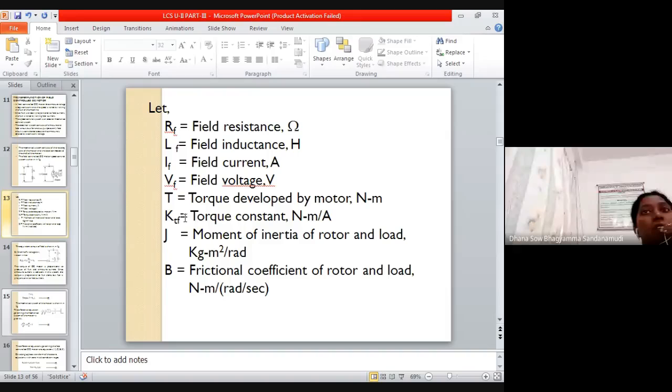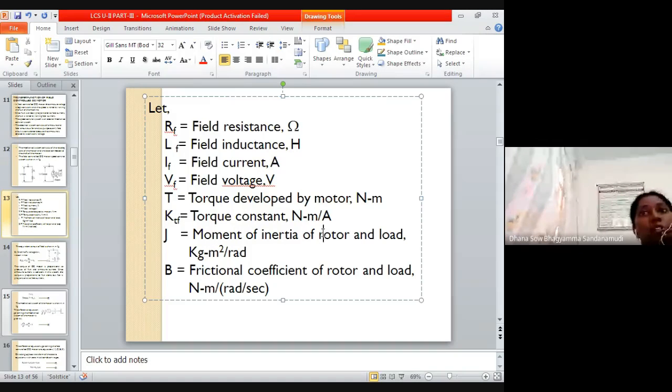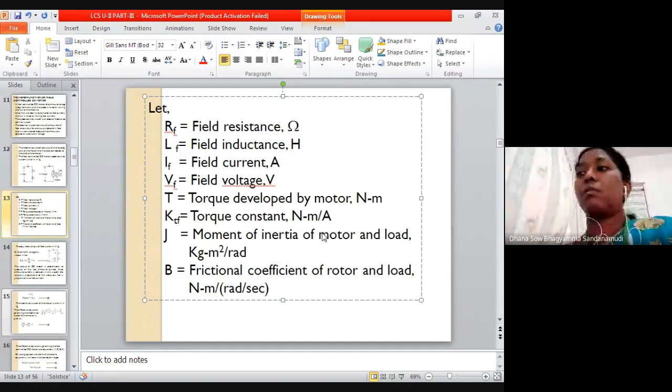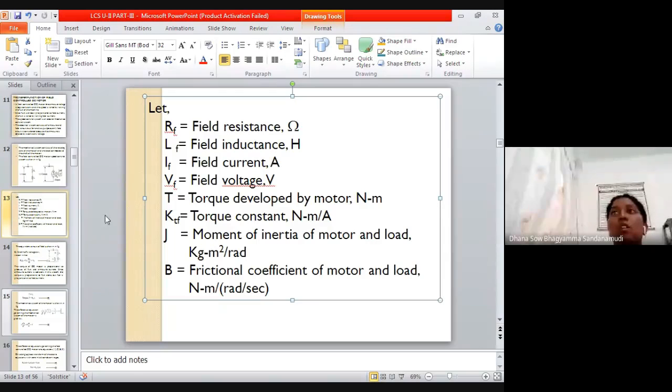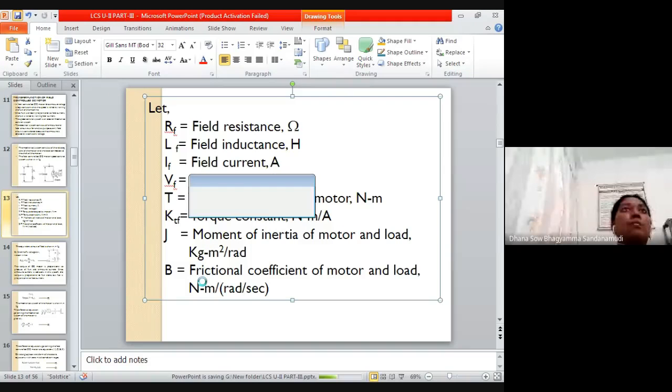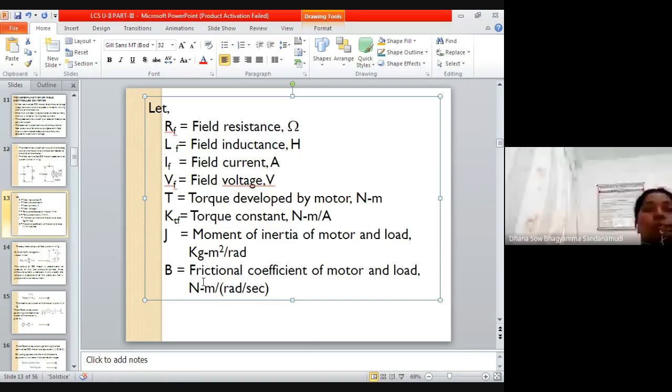Let us consider KTF the torque constant, the moment of inertia of the motor and the load, and the frictional coefficient of the motor and load. In the text it is rotor, not motor; actually it should be motor. So you know all these terms.